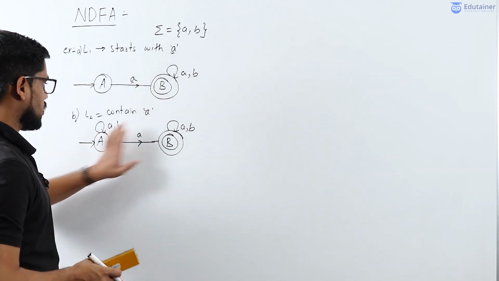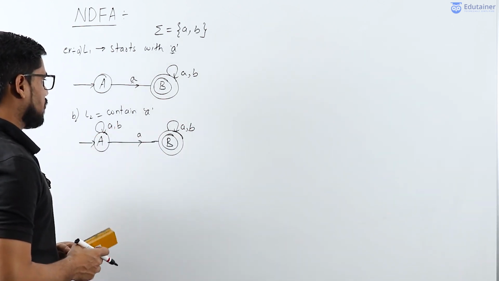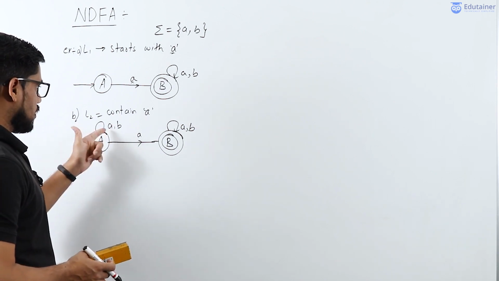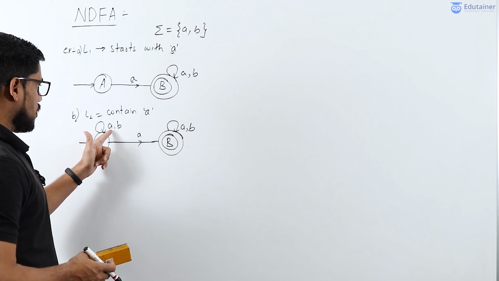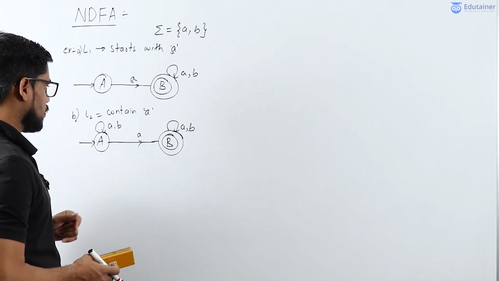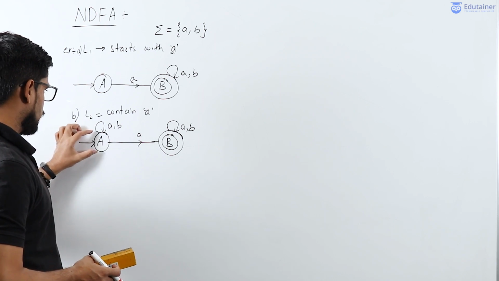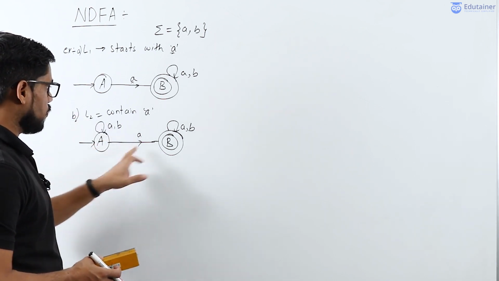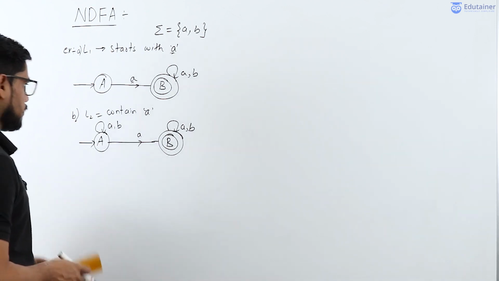So this is the transition diagram for a language which contains A. Here you can easily see that the small a symbol has two different moves. One move is from A to A itself, and the other move is from A to B state.